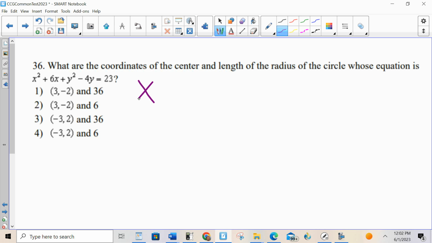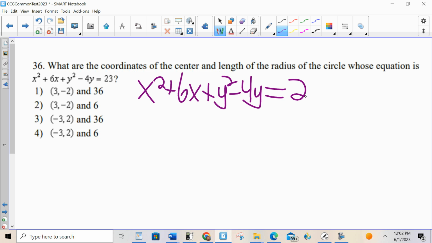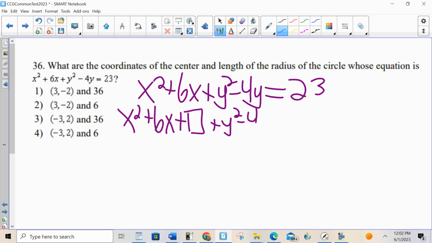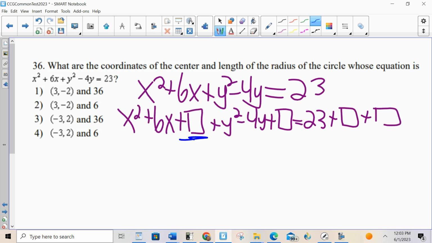So I'm going to write all my x's together, all my y's together, and all constants go to the other side. So in this case, everything is in the proper form. Time to complete the square. So I'm going to add my big blank square for my x's and for my y's, and I'm going to add that big blank square to both sides. So basically, this square corresponds to that square, and this square corresponds to that square.